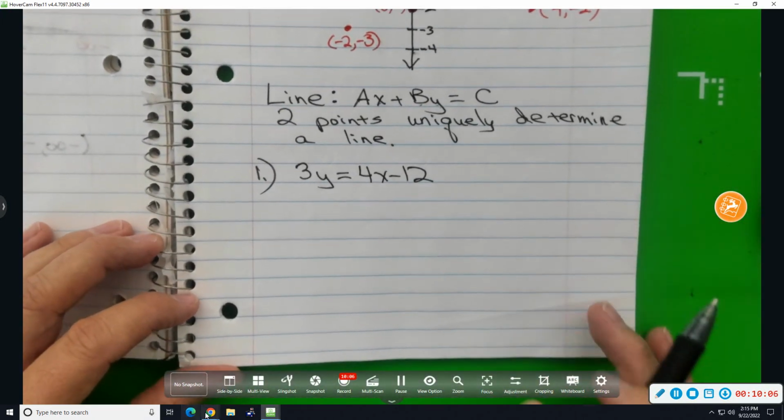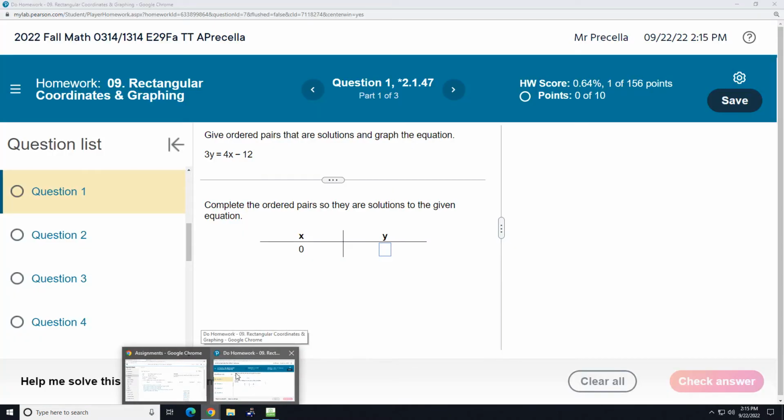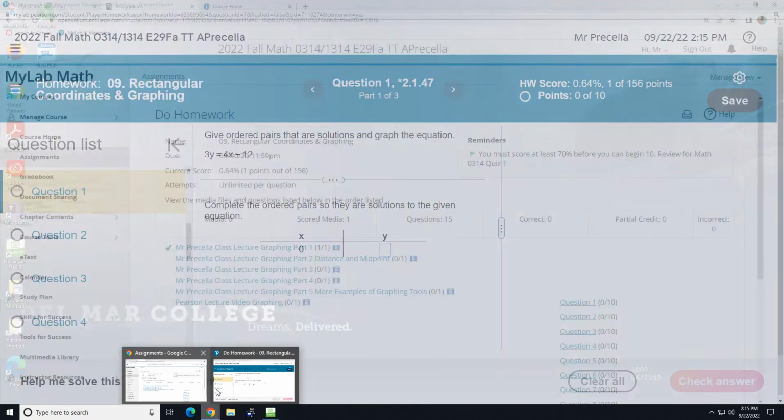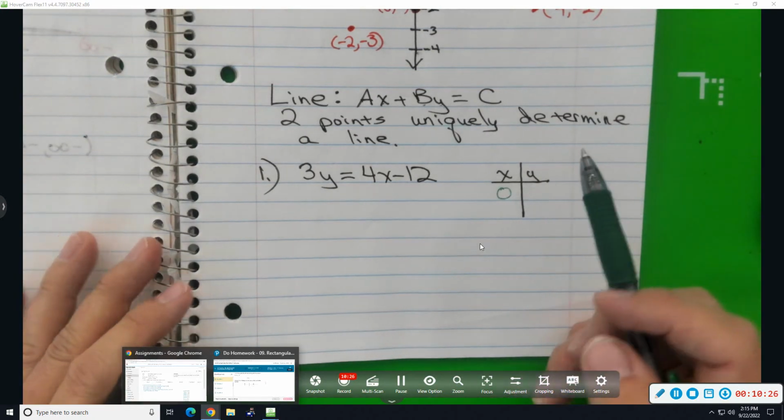Okay, so they've given us a table. When x is 0, what is y? Exactly. So you plug in 0 for x and calculate y.